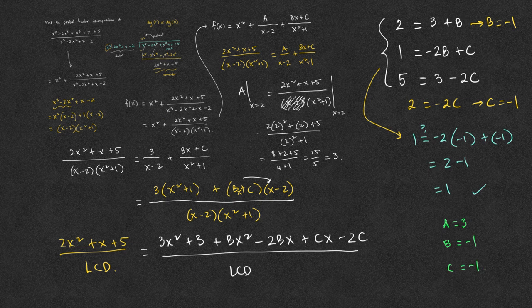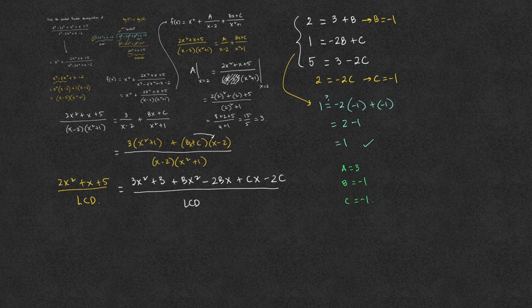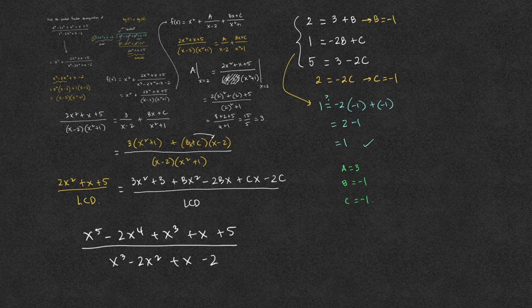We now put all of these together. The given rational expression was (x to the fifth minus 2x to the fourth plus x cubed plus x plus 5) over (x cubed minus 2x squared plus x minus 2).